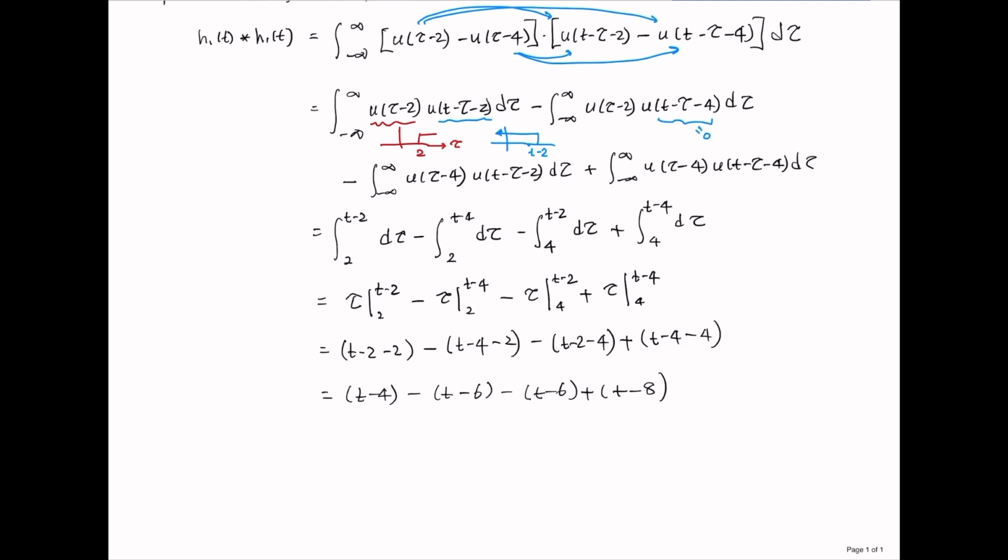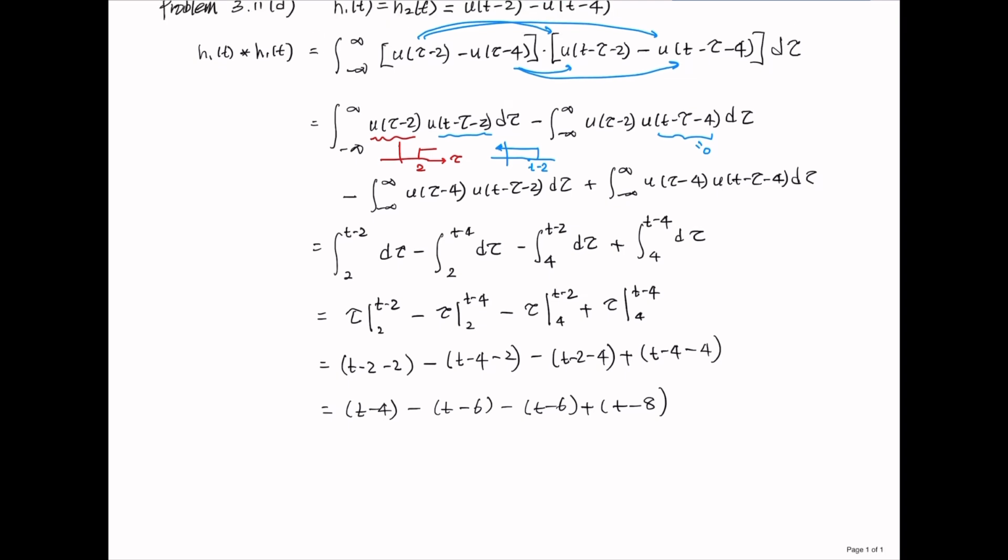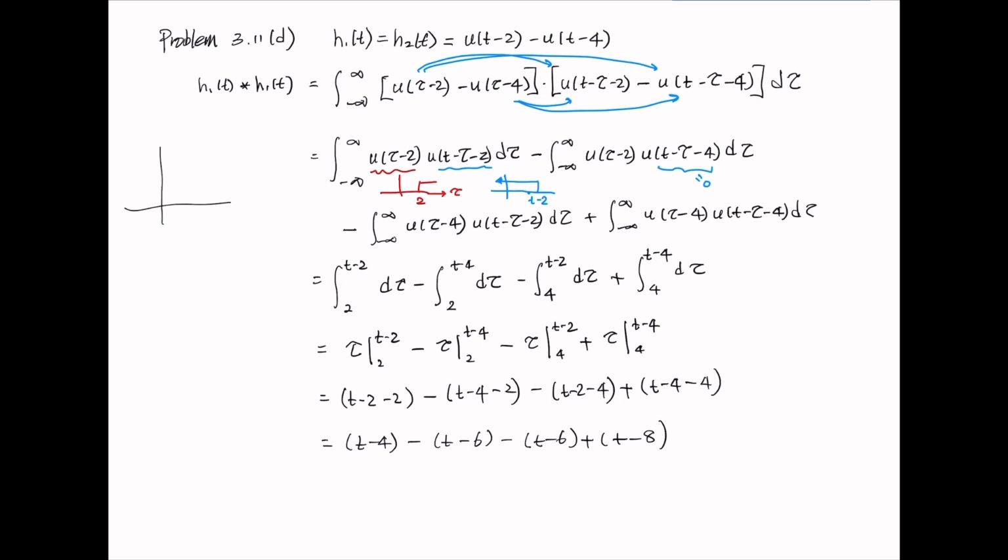This is kind of the answer, but not really, because we know from h1 of t, when we graph this, it is u of t minus 2, and then we have u of t minus 4. When we subtract, our h1 of t is going to be this.